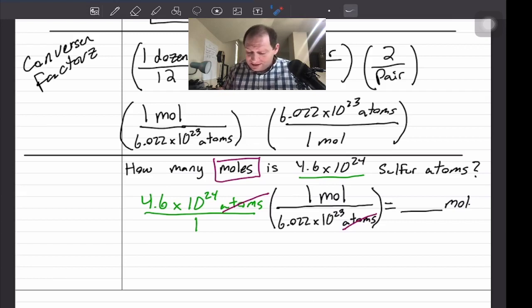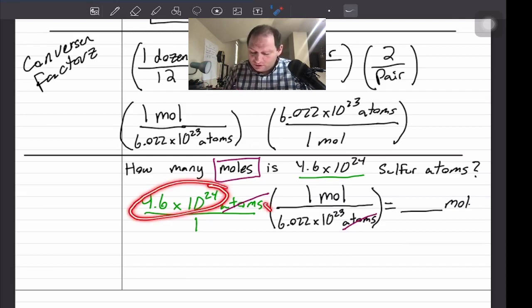So if I get my handy dandy Desmos, which I don't have on this iPad, I can multiply 6.022 times 10 to the 23rd. These are next to each other.